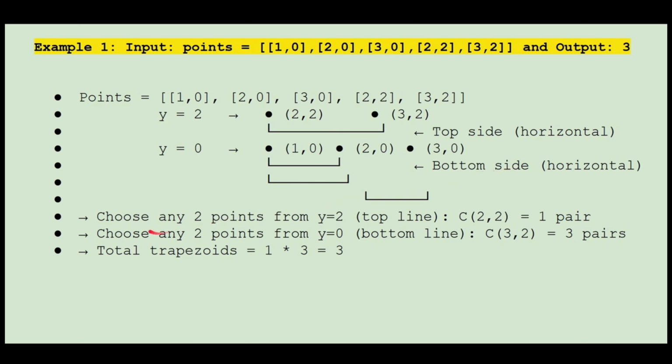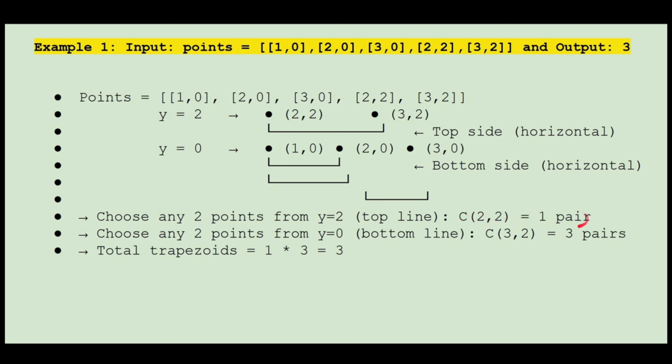Okay, now we can say that we have to choose any 2 points from y equal to 2. So out of this we have to choose 2 points from y equal to 2, that is the top line. Let's consider C(2,2), right? I'll explain later what this C combination is, choosing 2 of 2.